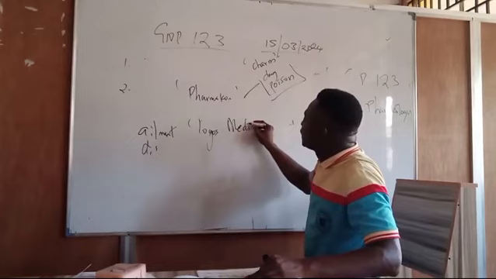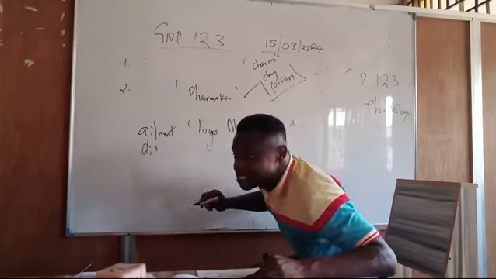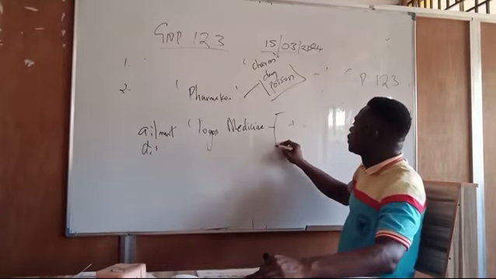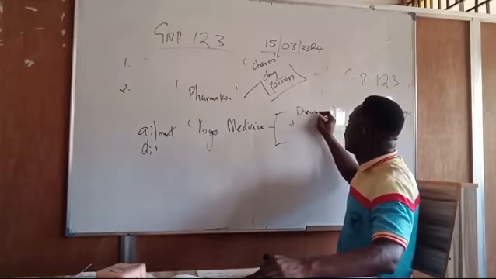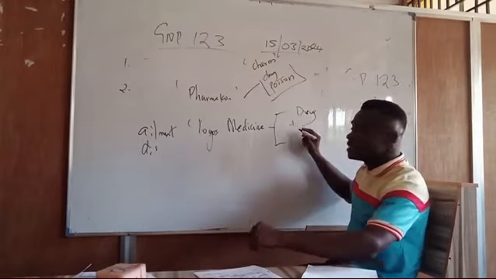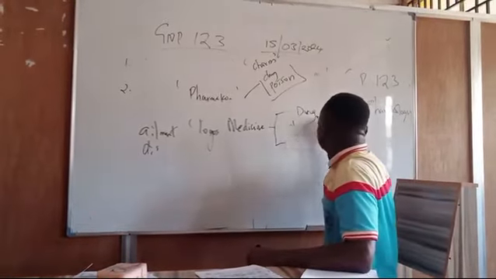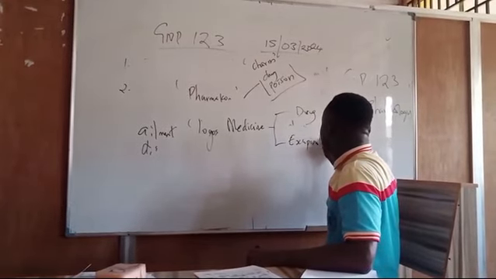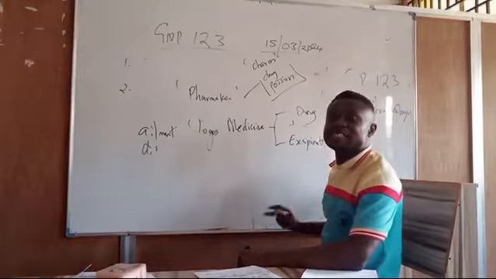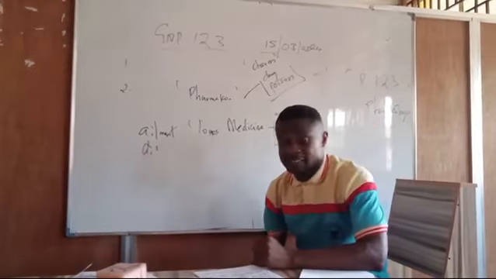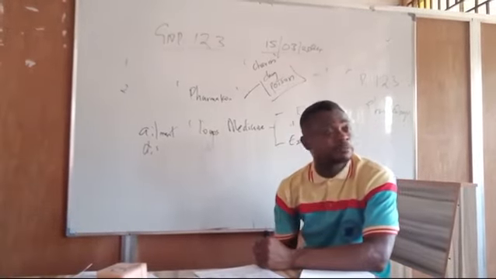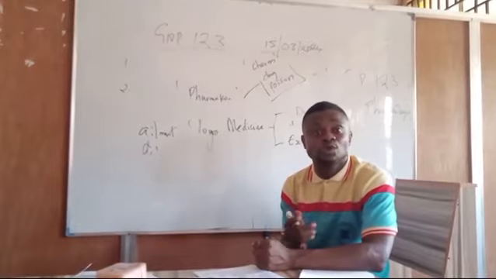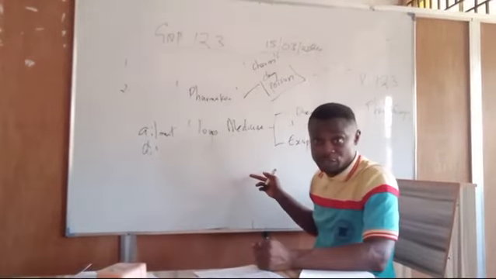A medicine is composed of the drug, or the active ingredients, and excipients. So the excipients are other ingredients that have one or two roles to play in the formulation.